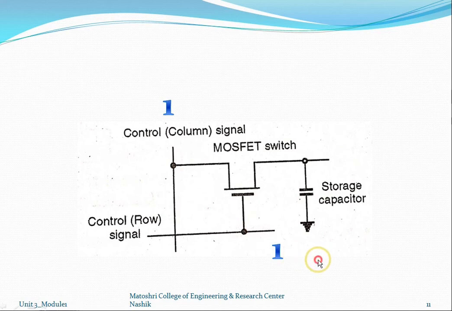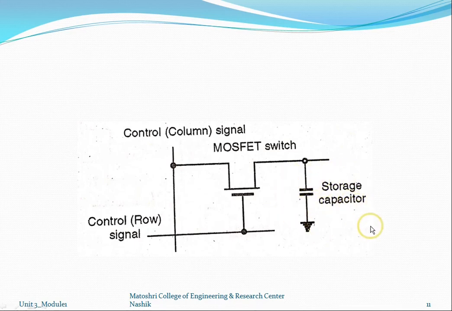And if you want to read, we apply 0 column signal and 0 row signal, and then the MOSFET acts as open, and the storage capacitor starts retaining the charge, and hence the stored logic 1 is read by the system. So in this way, writing and reading operations can be done on this DRAM simply by charging and discharging the capacitor.